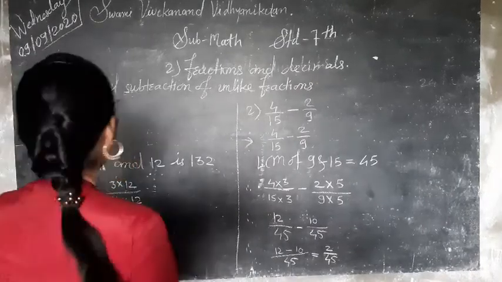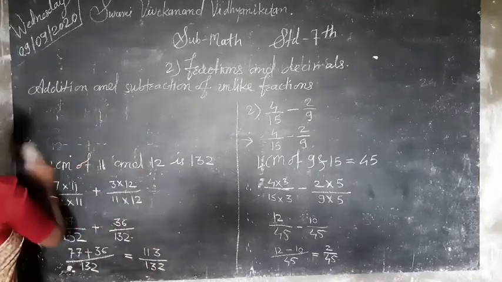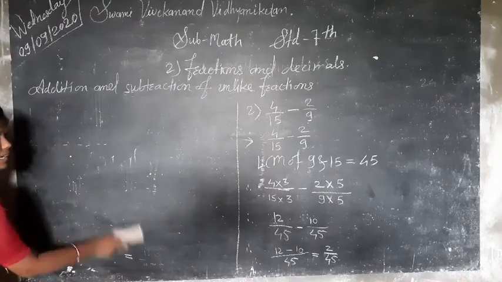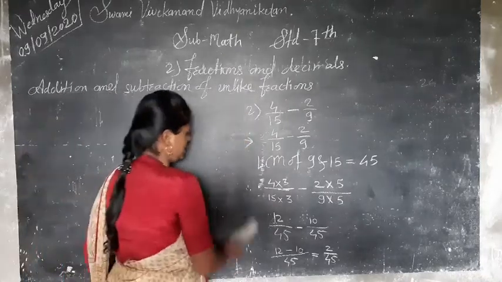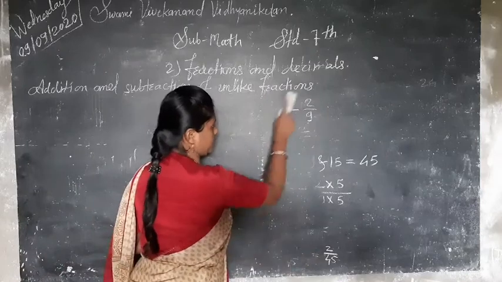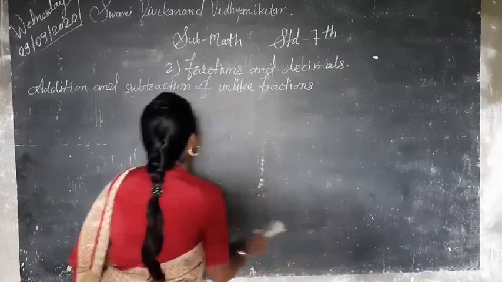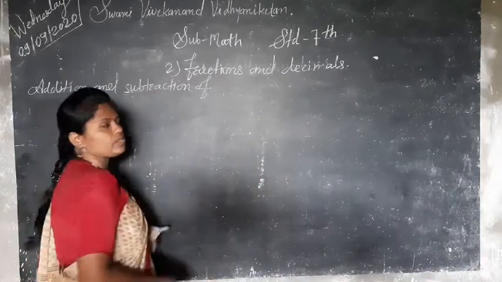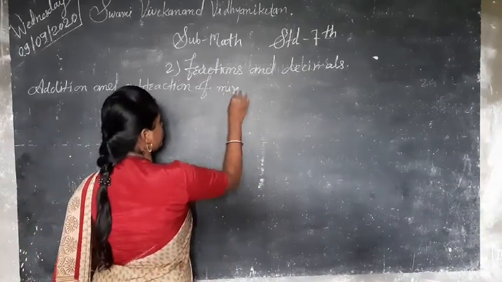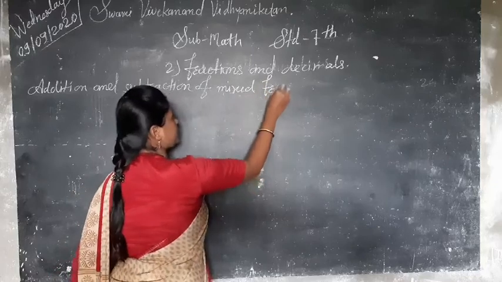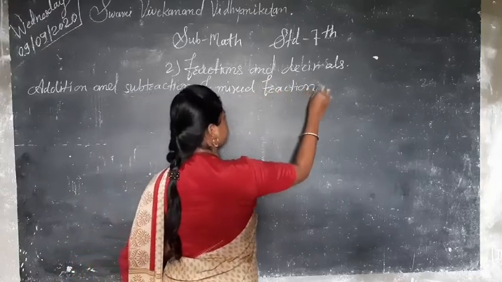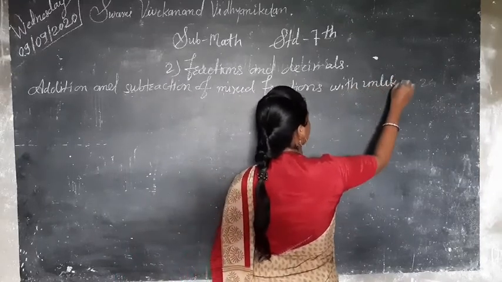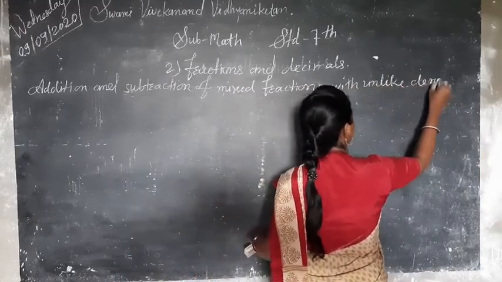Now we will take one example of addition and subtraction of mixed fractions with unlike denominators. You have to do the same thing here, but only one step will be increased. Okay? Addition and subtraction of mixed fractions with unlike denominators.